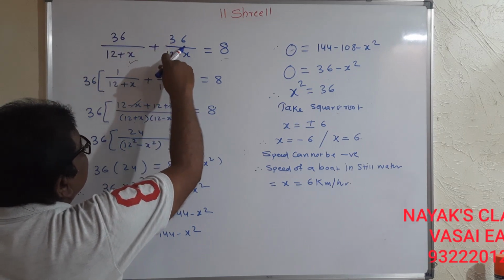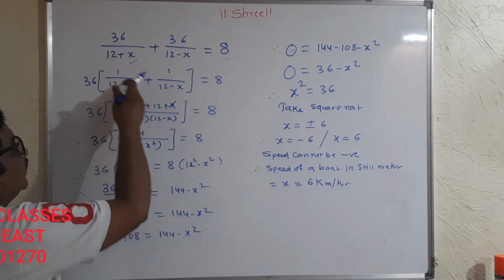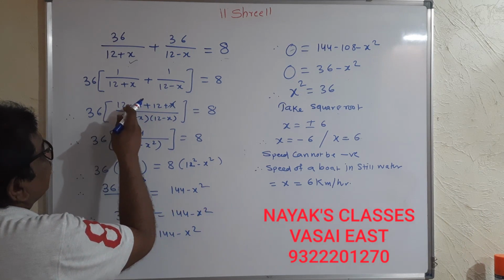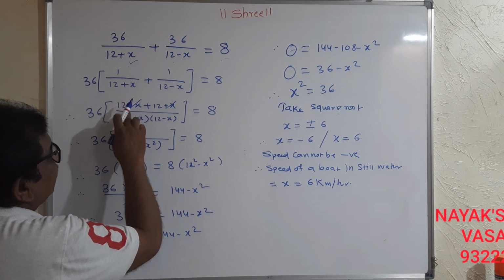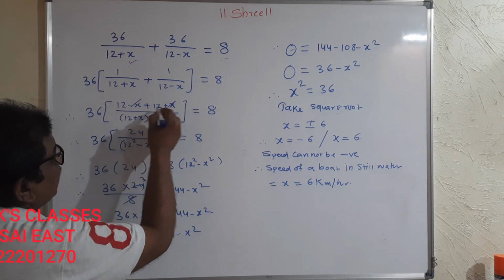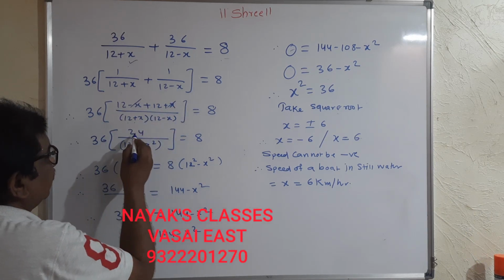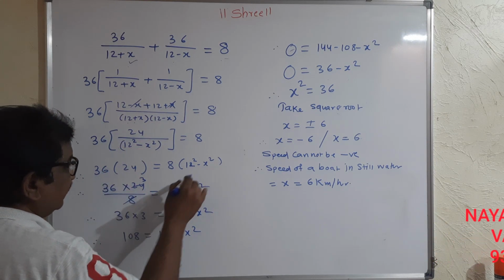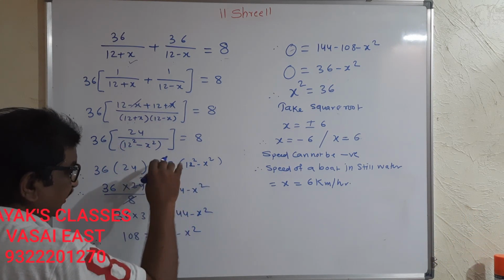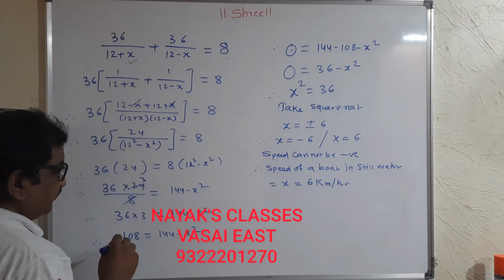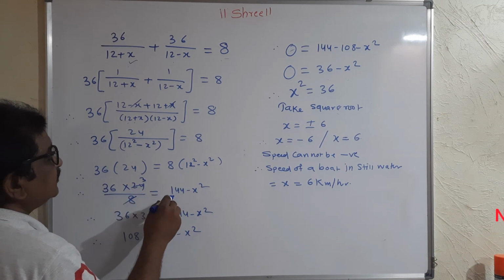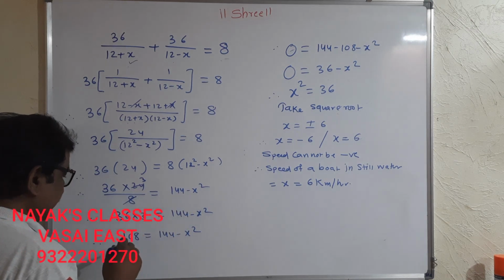Taking out 36 common, by cross multiplying we got this one. X got cancelled, 24 upon this identity. Then this identity we have taken this side, and 8 we have taken this side. So it has become 36 into 24 upon 8 is equal to 144 minus x square.